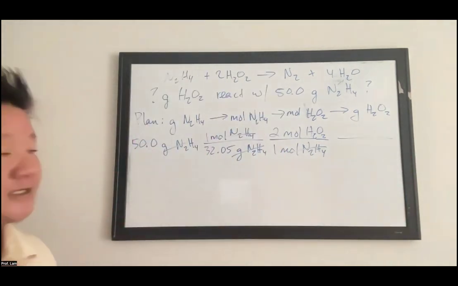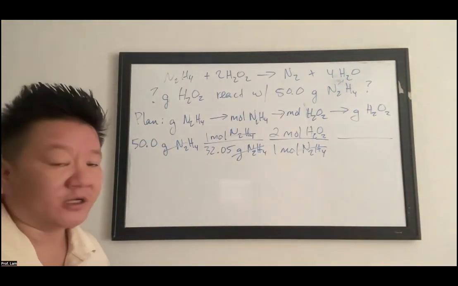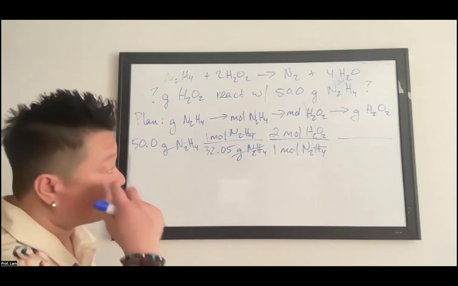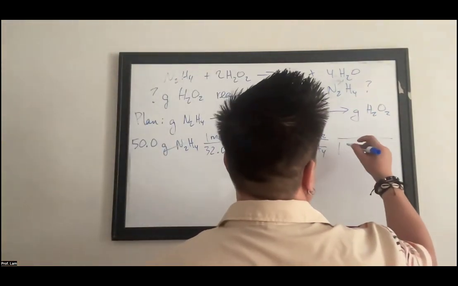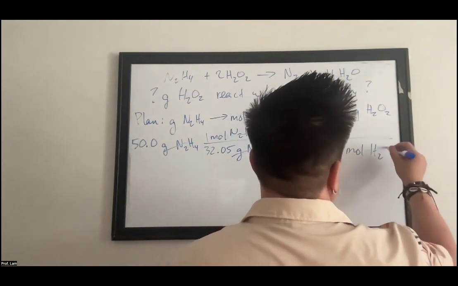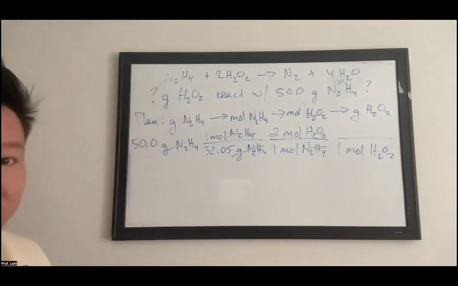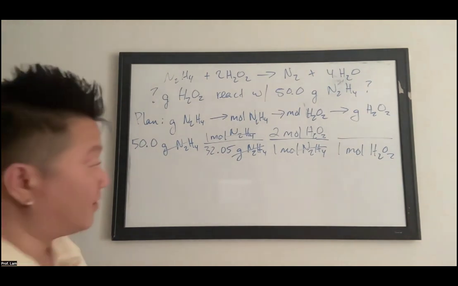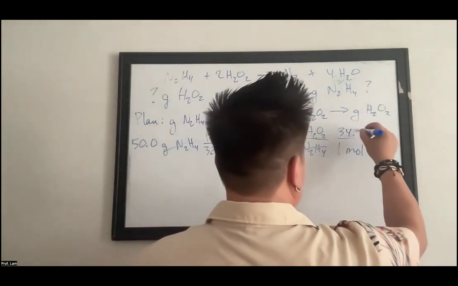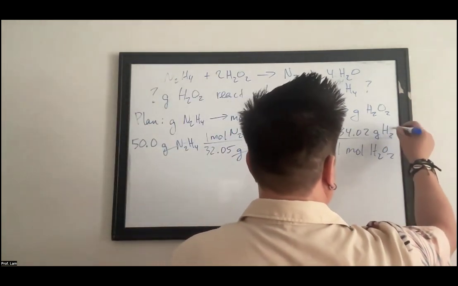Now, last step, we need to get to grams of H2O2. So we're going to need the molar mass. Go to mole to gram. So you're going to have 1 mole of H2O2 on bottom now, because you want grams on top. So let's figure out the molar mass of H2O2. It's 34.02 grams per mole.